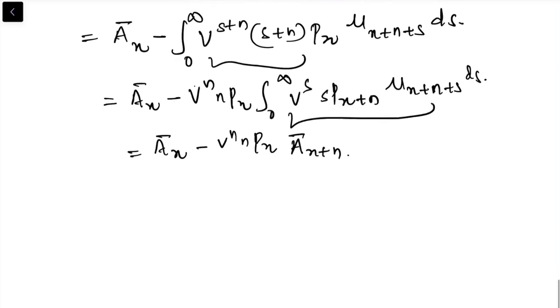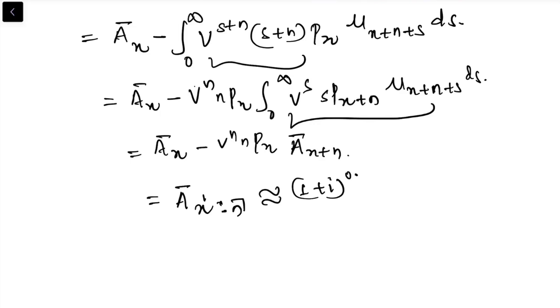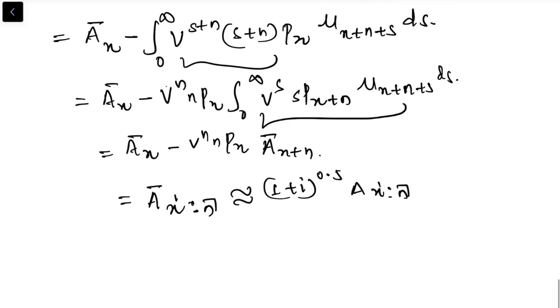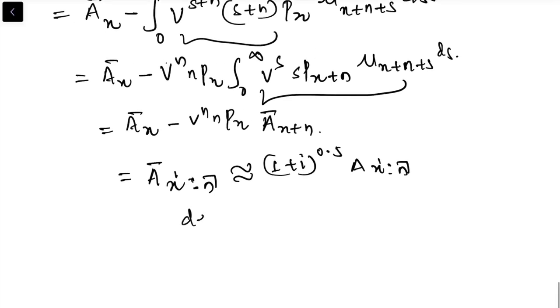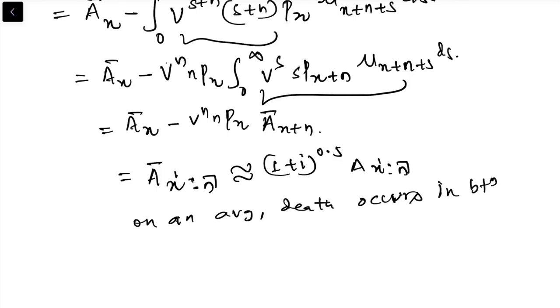Okay, and then we can write this in actuarial notation: A bar x:n with a one above x. This is approximately equal to (1+i)^0.5 times A x:n, and this is true when death occurs on average in between birthdays.